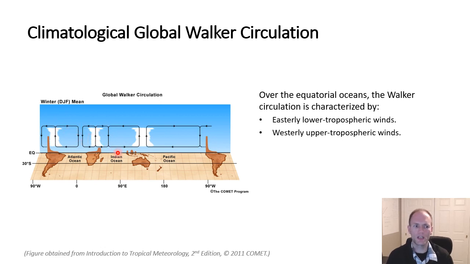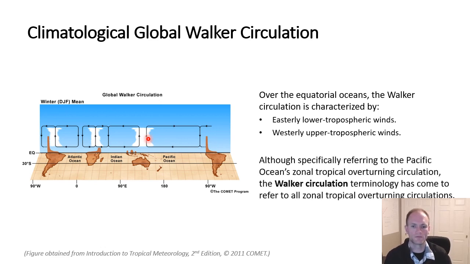It's a little bit more complex in the Indian Ocean given its relatively small size and comparative dominance of the Pacific Ocean Walker branch of the Walker circulation. And as noted, although specifically referring to the Pacific Ocean's zonal overturning circulation, the Walker circulation terminology has come to refer to all of our zonal tropical overturning circulations, those in the Atlantic, Pacific, and Indian Oceans.